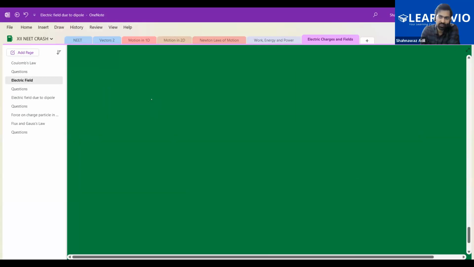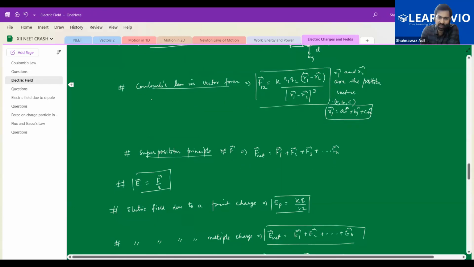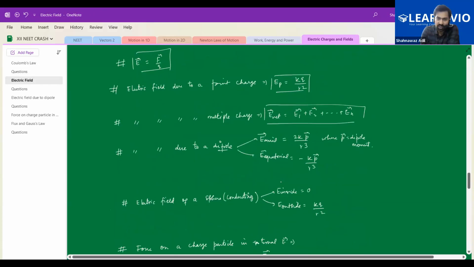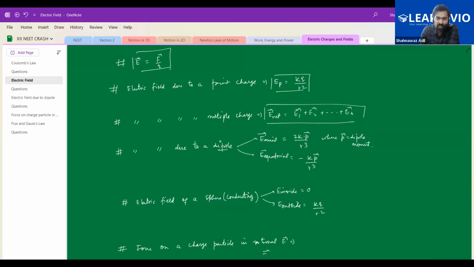So at the equatorial point, that is minus Kp by r cubed. At the axial point, this is 2Kp by r cubed, right? If it is unclear, then please tell me.